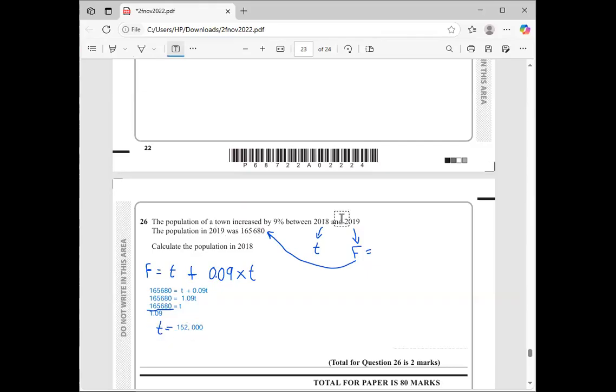Number one, 2018 should be less than 2019. 2018 is the value we just got, 152,000, whereas 2019 is what? 165,680. And that looks like it's more than that of 2018. So that means you are most likely correct.